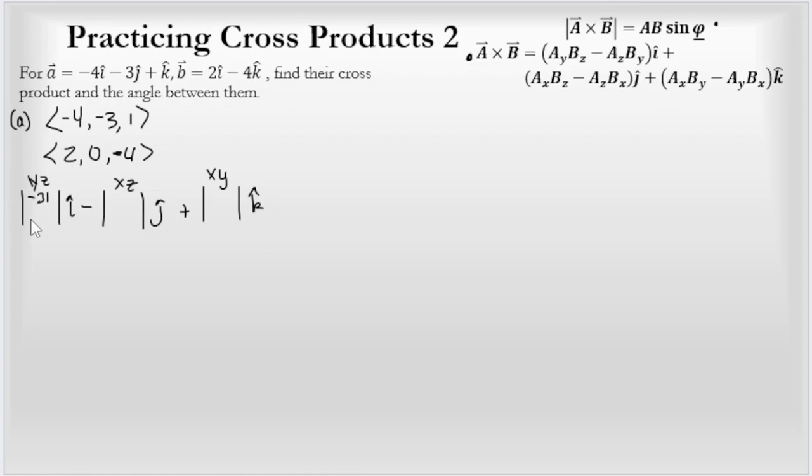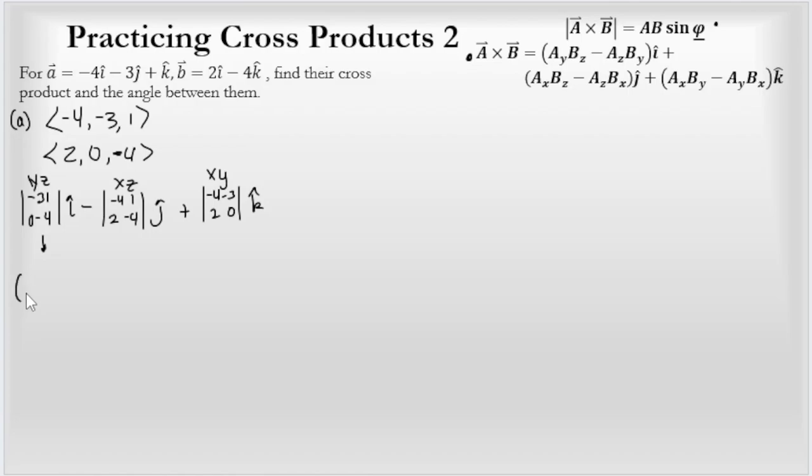Negative 3, 1, 0, negative 4. I'm just filling in the components here. Negative 4, 1, and 2, negative 4. And then the XY components, negative 4 and negative 3, and 2, 0. Okay, so those are a little bit small. I hope you followed what I was doing here. So let's do this one.